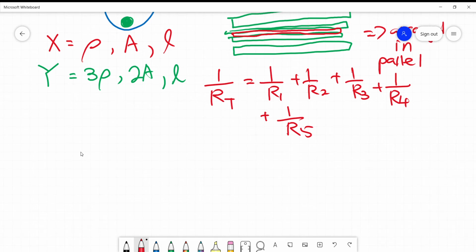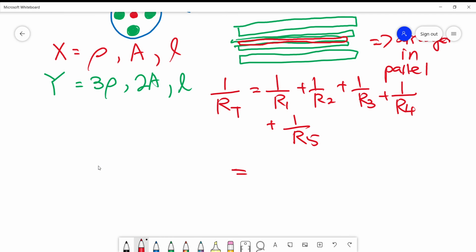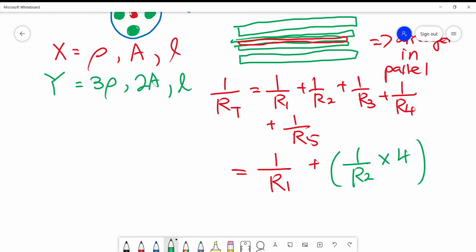Since there is only one wire X and 4 wires Y, what I can write is 1 over R1 plus, since the 4 green wires are the same, 1 over R2 times 4, since it has four similar wires.